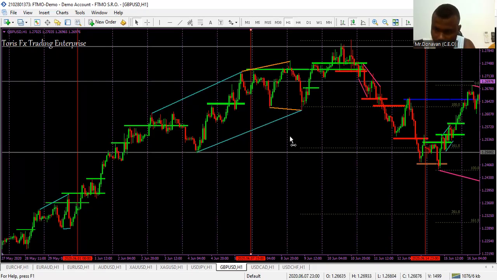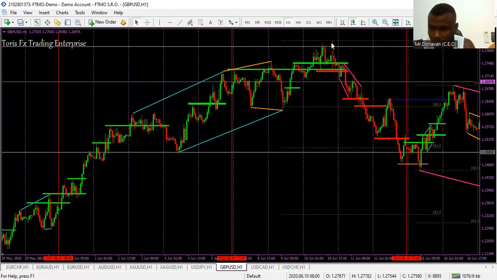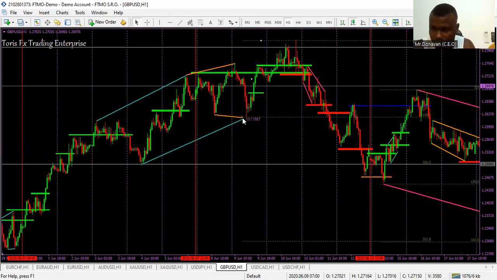Okay. So you get this buy, you get break even, then trade, bearish flag, get sell. 161. If you continue selling at 161, you run at a loss.